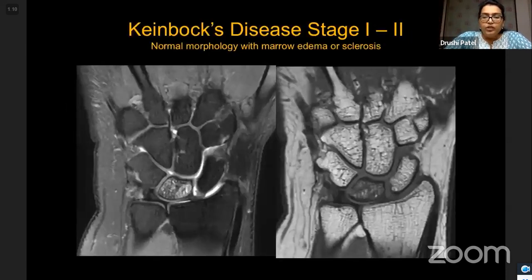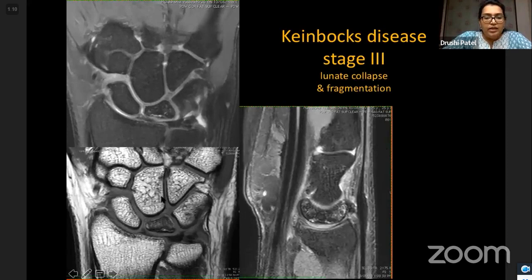So this is stage 1 to 2, where there is a preserved shape of the lunate bone, but initially there is just T2 subtle marrow edema. Later on, there is T1 hypointensity suggesting sclerosis. In stage 3, there is lunate collapse and fragmentation starts at the site where the axial loading occurs.